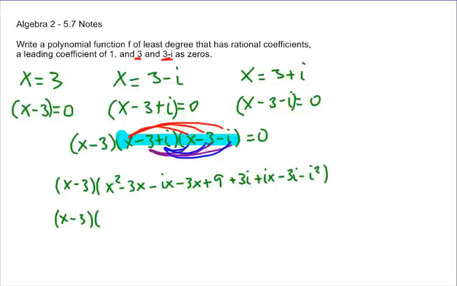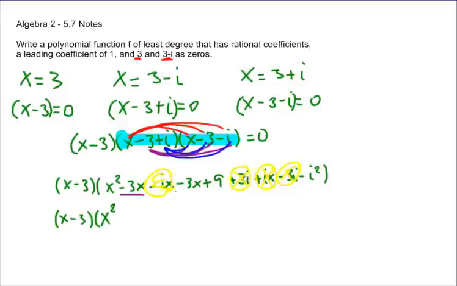So minus ix plus ix, they go away. Okay. Minus 3i plus 3i, they go away. Alright. X squared doesn't have anybody to go with, so he goes there.